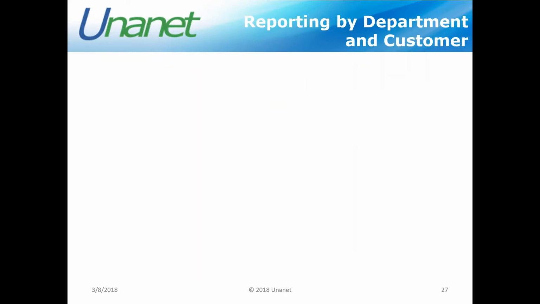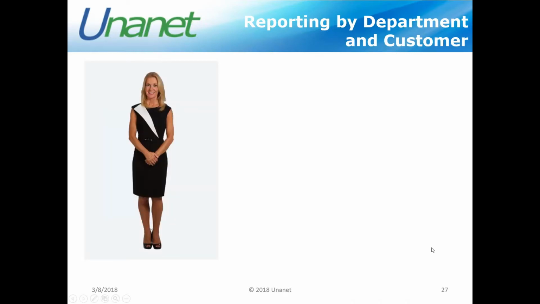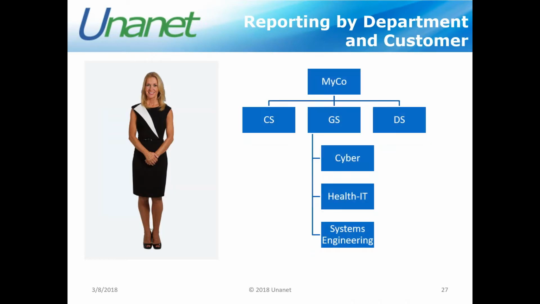Okay, so we've got one more topic that I want to get through here in about the next 3 minutes or so, so that we'll have some time to answer some questions that I know have been coming in. So let's just kind of step through something here real quick. This is Grace Director, and we're going to see what kind of setup she should have in Unanet based upon her needs.